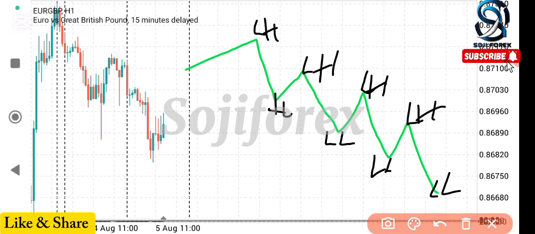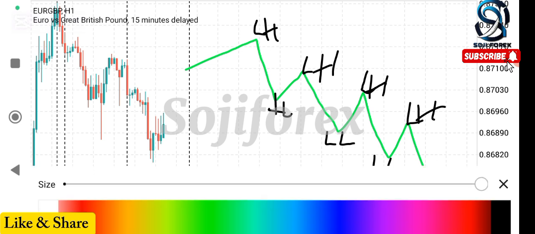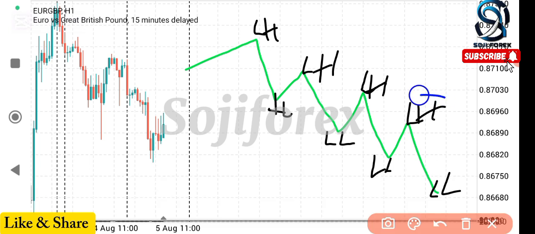So in this scenario, the most important structural point of a downtrend is the lower high. So price is permitted to create a new lower low, but it's not permitted to take liquidity of this zone.